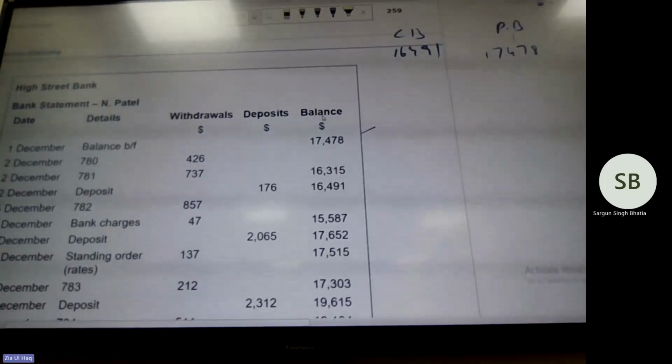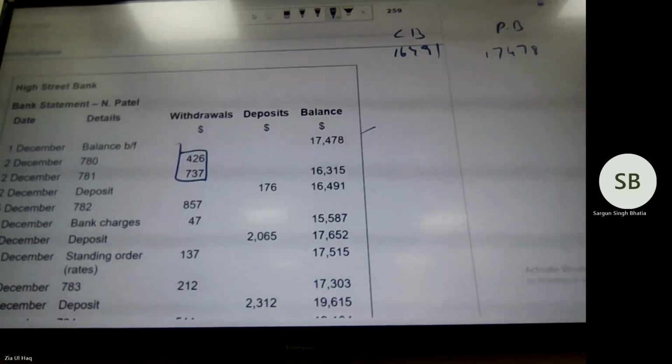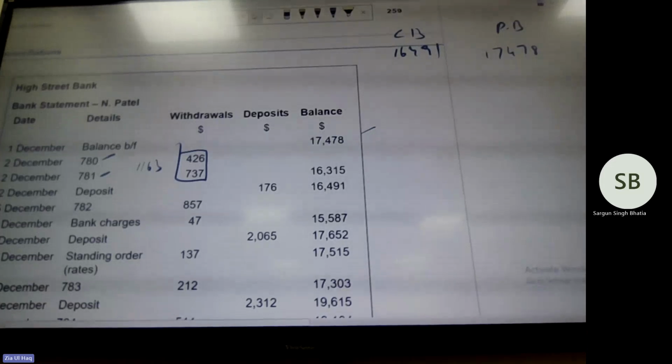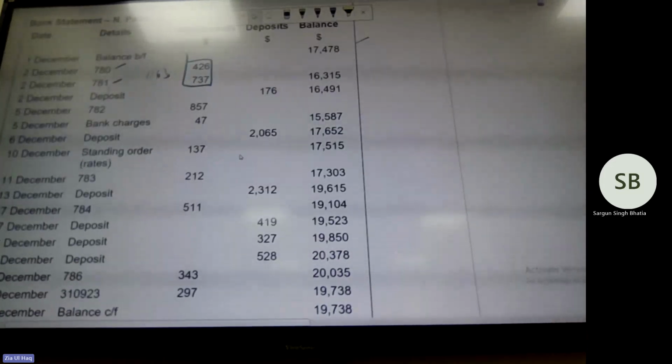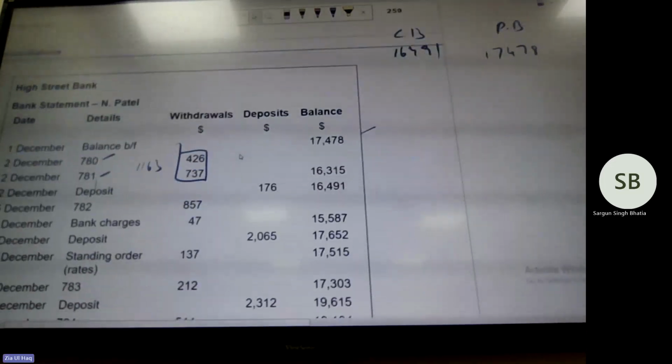Then on 2nd December, withdrawals of 426 and 737 both relate to the same date. What could be the total of these two? 1163, and the check numbers are 780 and 781. We need to check whether the entries in the cash book and passbook tally with each other.